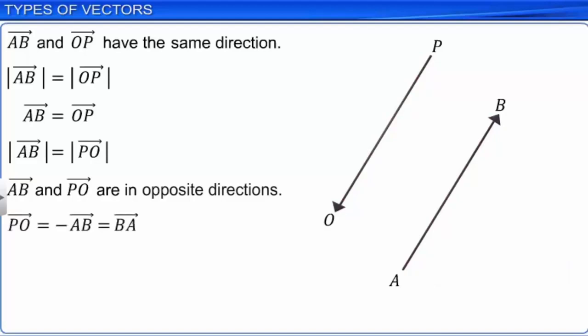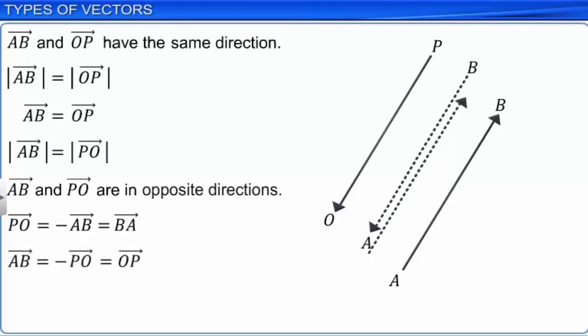Thus, vector PO is called the negative vector of vector AB and is also written as vector BA. Similarly, vector AB is called the negative vector of vector PO and is also written as vector OP.